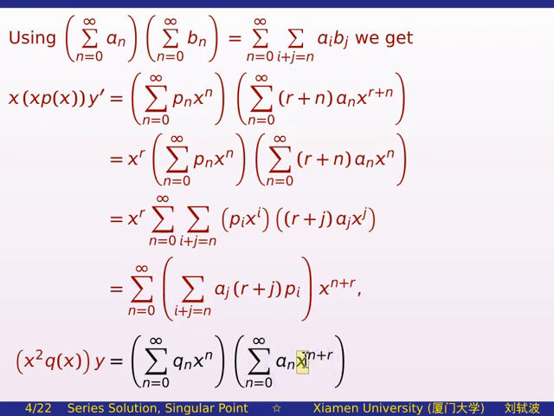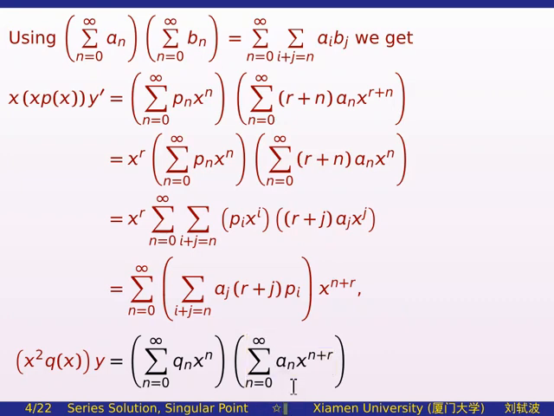For a power series, the order of x should be non-negative integers, but now our r is not an integer. Our r can be a rational number, an irrational number, or even a negative number. So y equal to this summation is not a power series expansion of y.